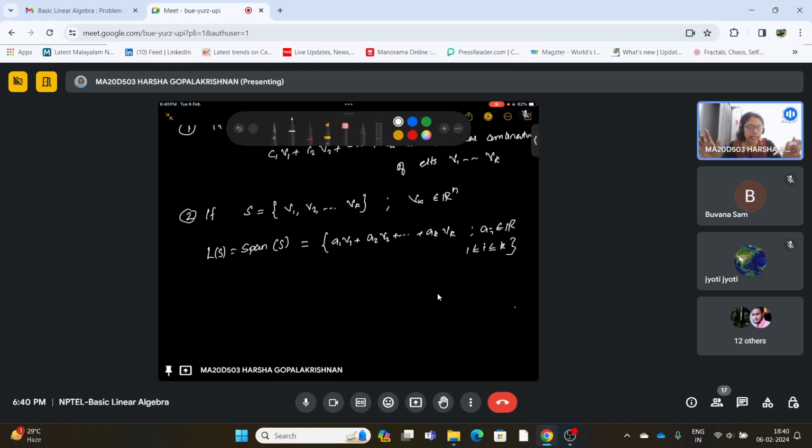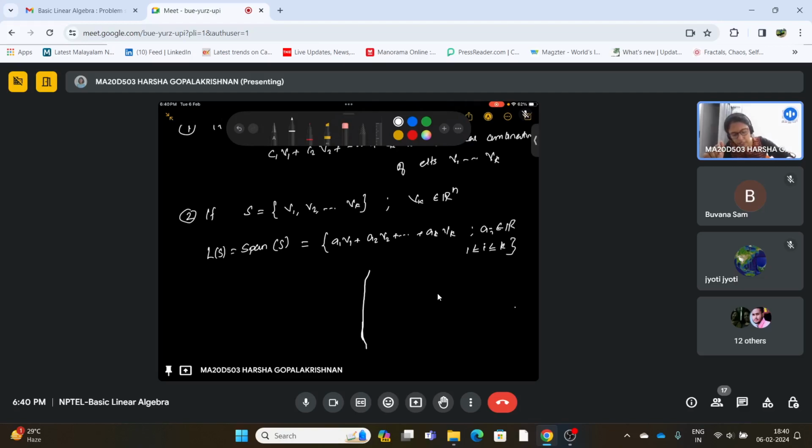If all ai are real scalars, the set of all linear combinations like this is called the linear span of the set S.